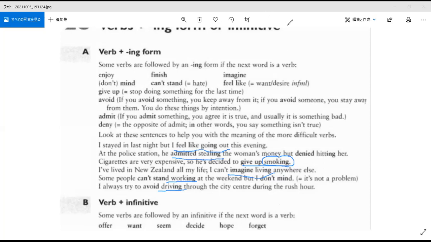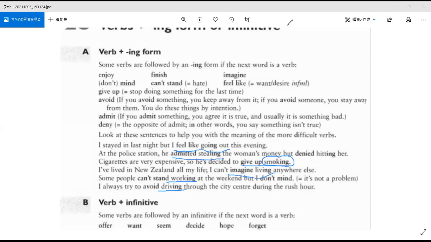Okay, wait, let me verb ing form. Yeah, it's just because of this.